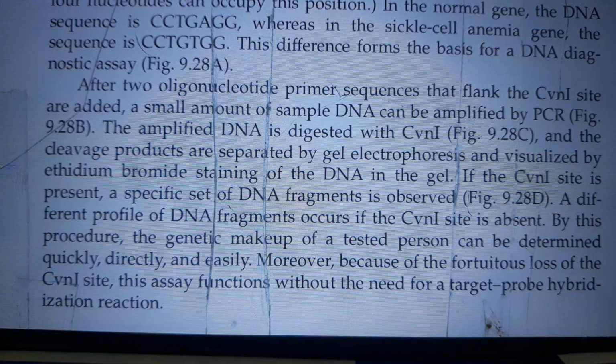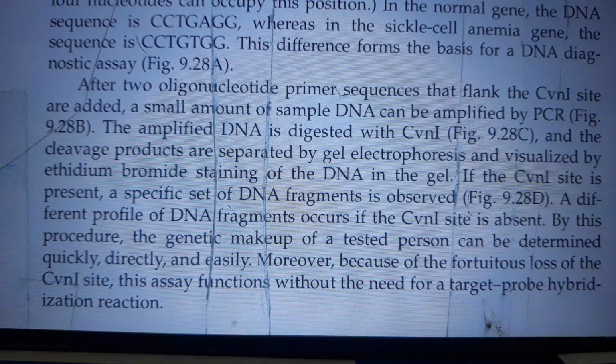After oligonucleotide primer sequences that flank the CvnI site are added, a small amount of sample DNA can be amplified by PCR. The amplified DNA is digested with CvnI, and the cleavage products are separated by gel electrophoresis and visualized by ethidium bromide staining of the DNA in the gel.